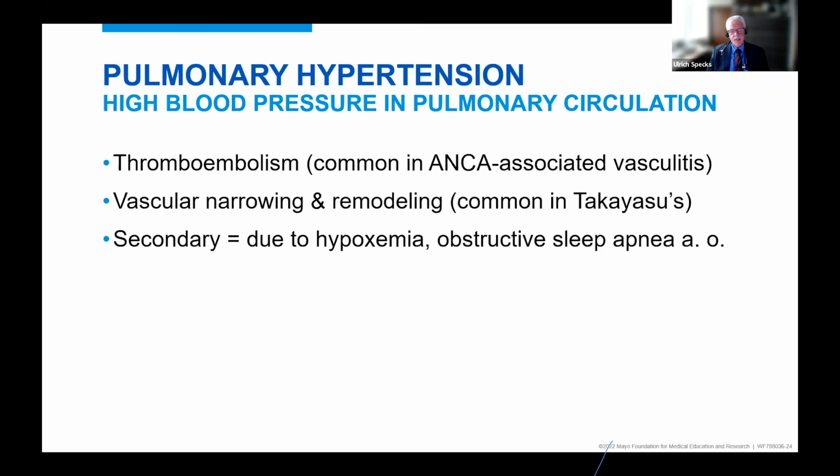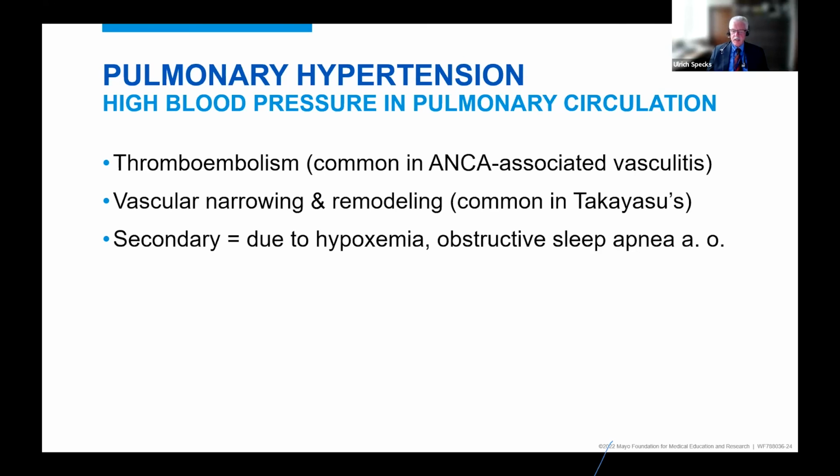Now, pulmonary hypertension can be caused in vasculitis patients in a variety of different ways. So patients with ANCA-associated vasculitis can have deep venous thrombosis and pulmonary embolism during the acute phase, and that can sometimes lead to pulmonary hypertension.